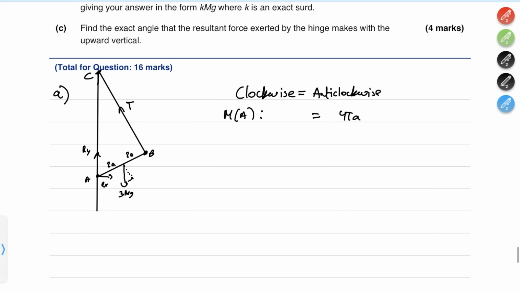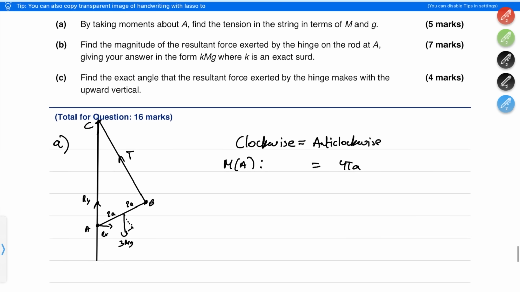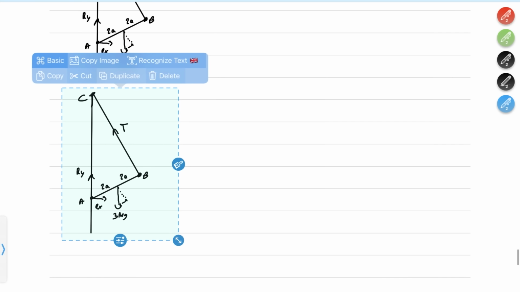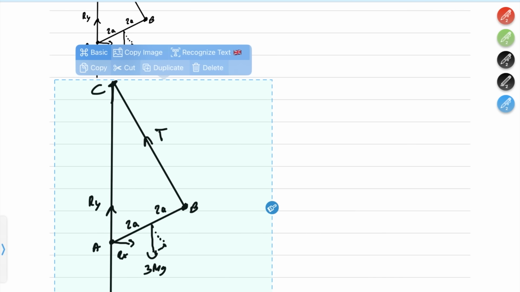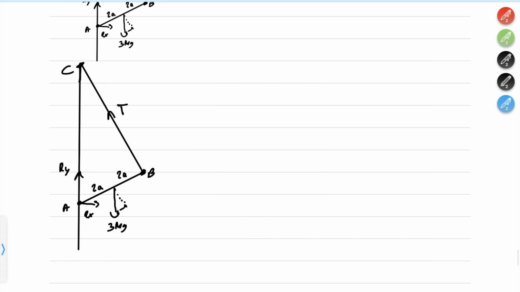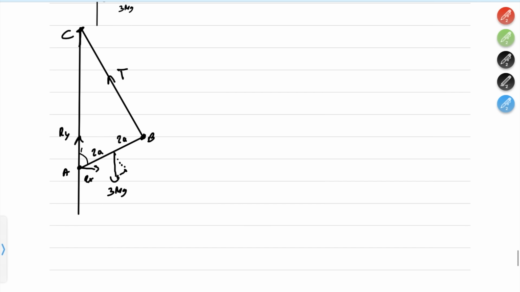We are going to have to resolve the mass, so we take the component that is perpendicular to the rod. Let's draw the triangle out again. If I copy paste this diagram here, I can explain how we can find the angle, which is going to be useful for the calculation. We know that this angle here, which I forgot to label, is 60 degrees.